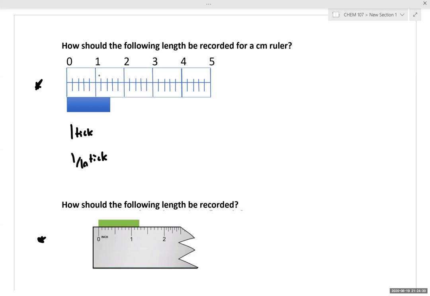Let's try to get a few responses in the chat, and we'll spend about another 3 to 4 minutes on these 2 examples.